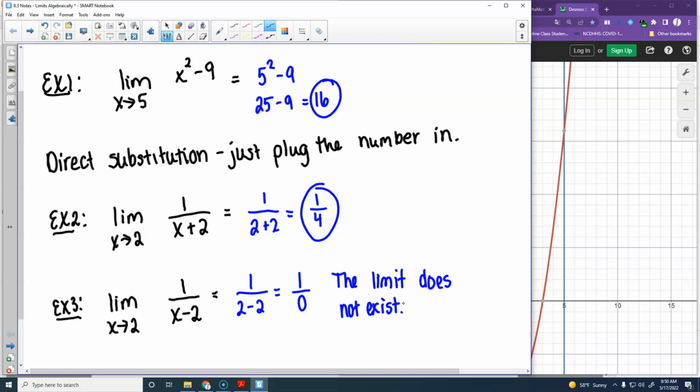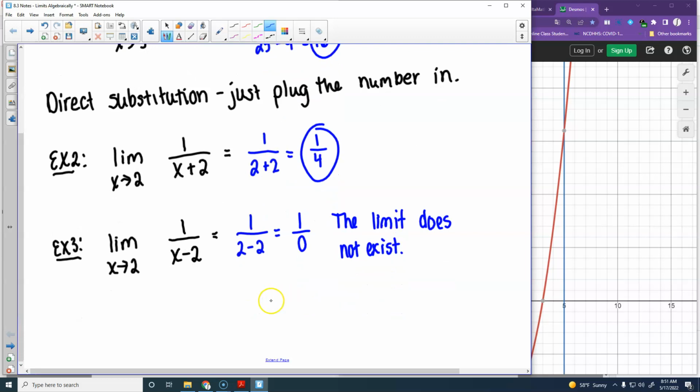For what we're going to do, I probably won't ask you to tell me positive or negative infinity unless it's from a graph. When you guys get into calculus, we'll get into doing that a little bit more in depth. But if you have a number over 0, just go ahead and say that limit does not exist if we're doing this algebraically.